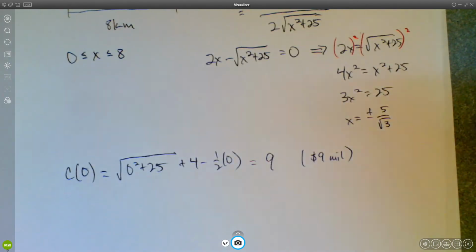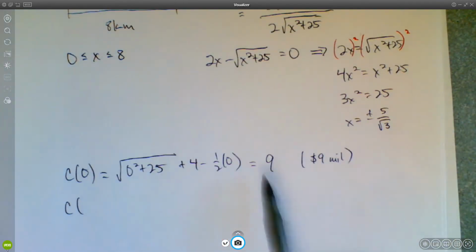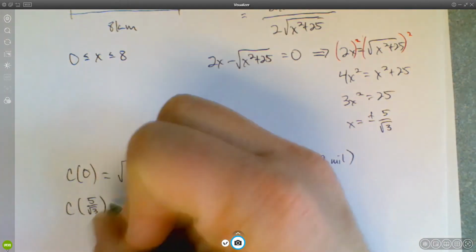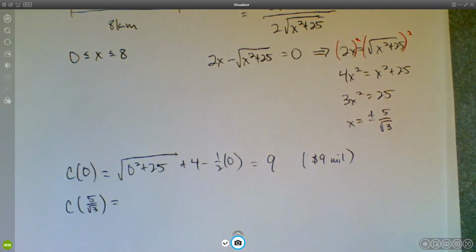Okay. What's the cost when x is 5 over root 3? I'm not going to bother writing the whole thing out. I'm just going to punch this into my calculator. Let's see. We have square root of 5 over root 3 squared plus 25 plus 4 minus 1/2 times 5 over root 3.